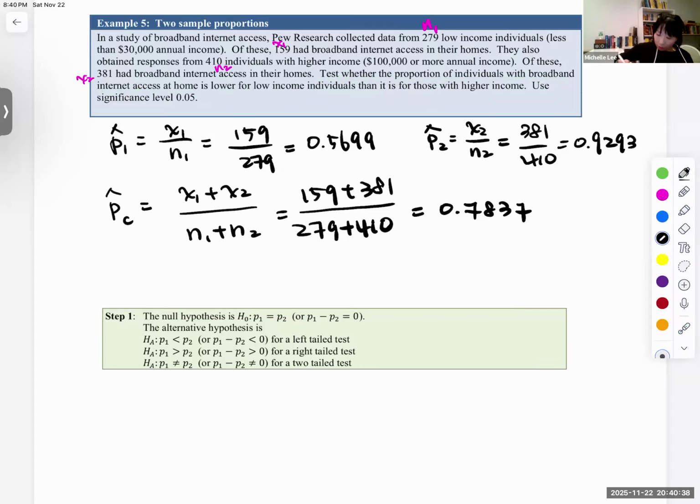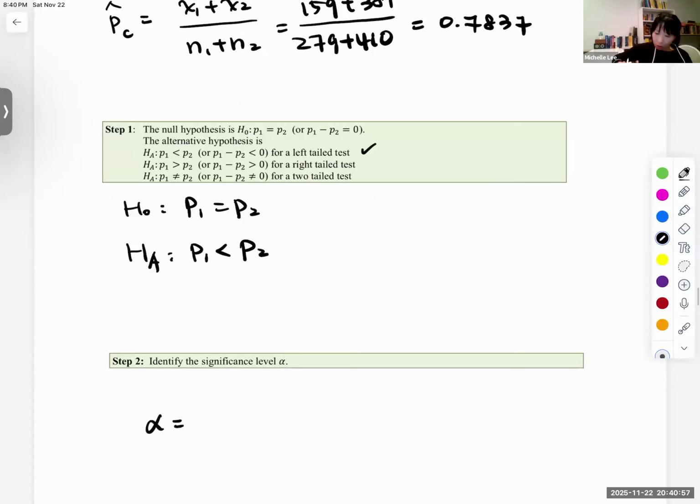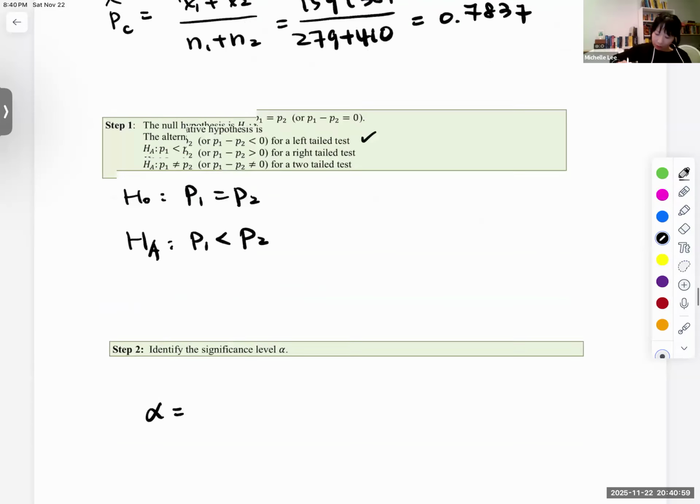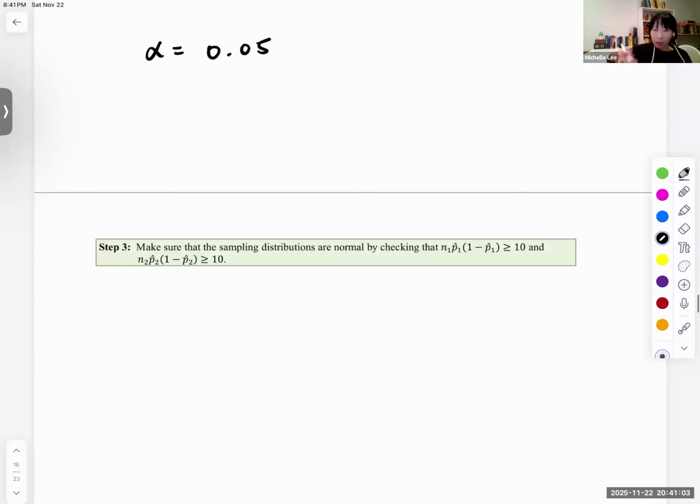So that will be the left tail test, right? The null hypothesis is p sub 1 equal to p sub 2, and the alternative hypothesis will be p sub 1 less than p sub 2, right? Okay, the alpha, what do you get? 0.05, good.